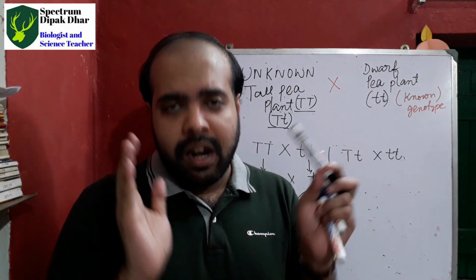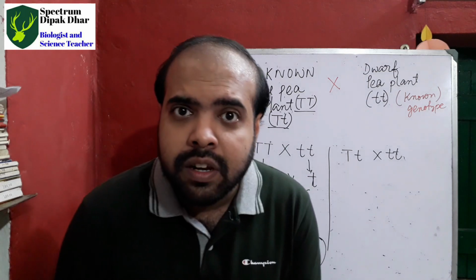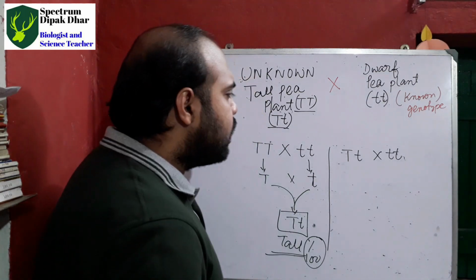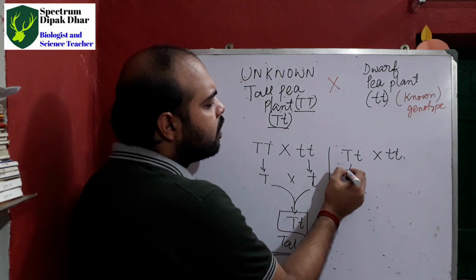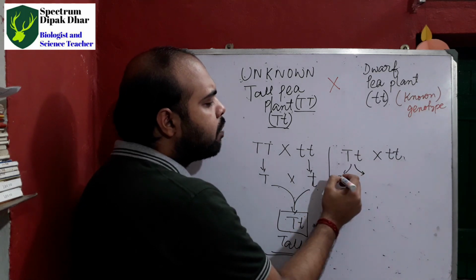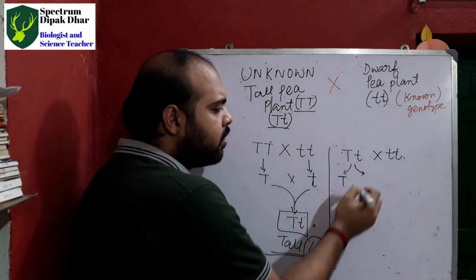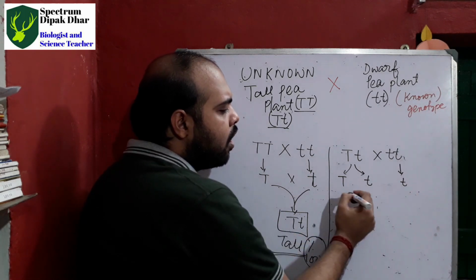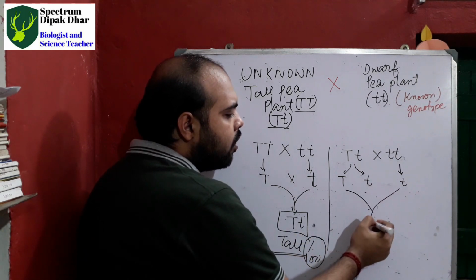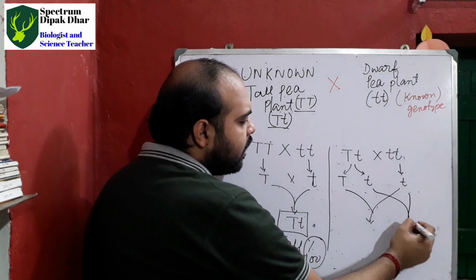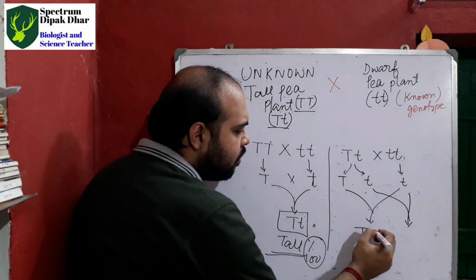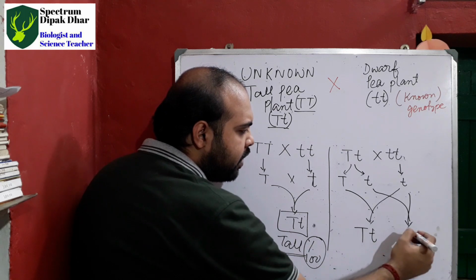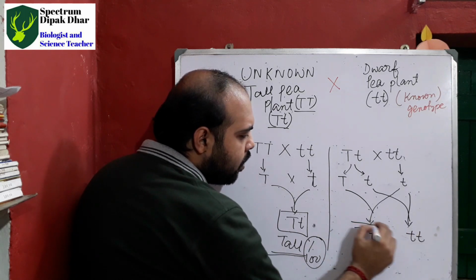But if the unknown genotype is heterozygous in nature, what will happen? Then we will get two types of gametes, one capital T and one small t, but the recessive parent gives only a single small t. After combining, there are two possible combinations: one is capital T, small t, and the second is small t, small t.